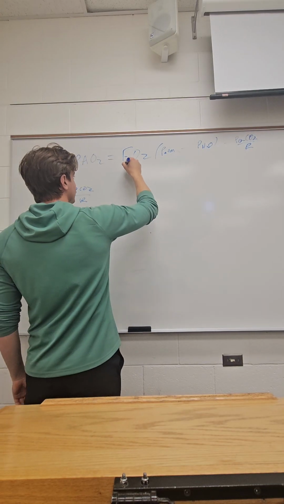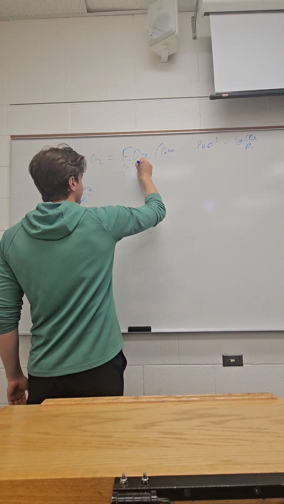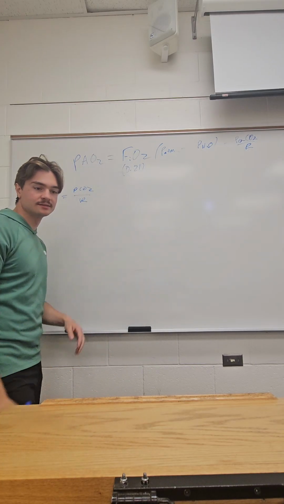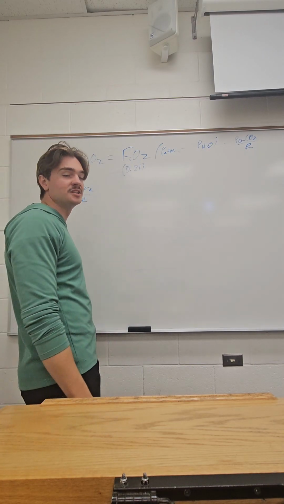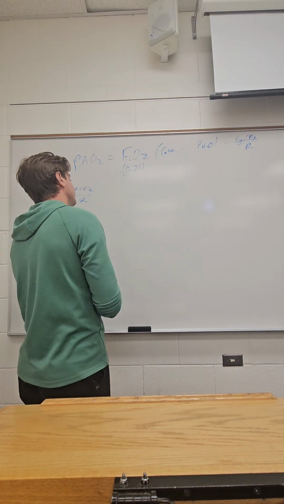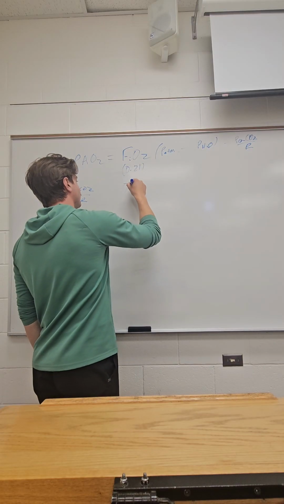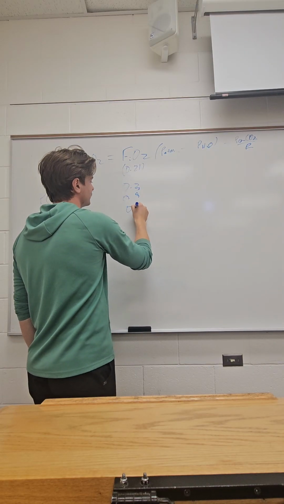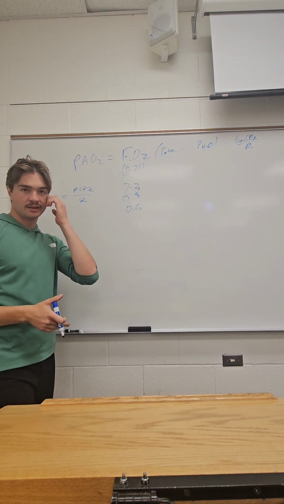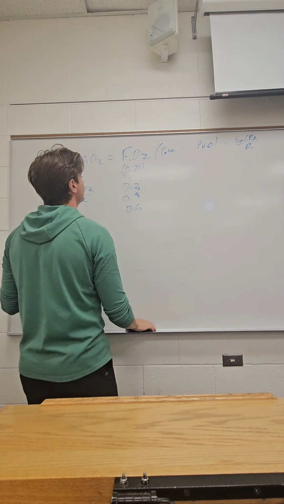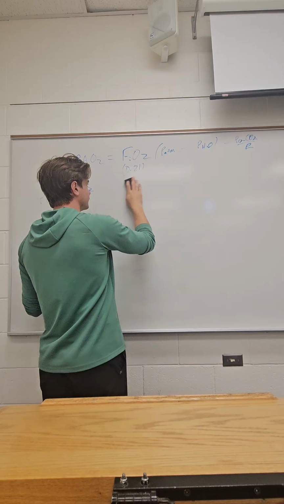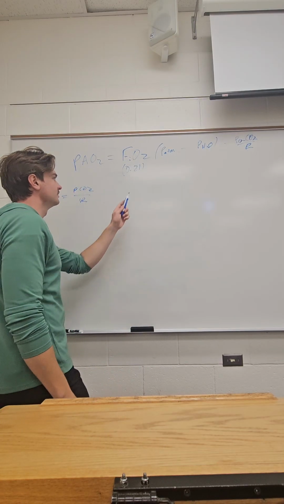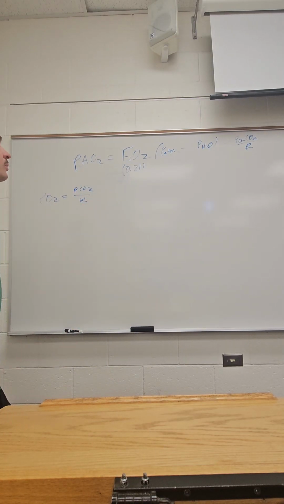So, FiO2, normally it's like 0.21. That stands for 21%. But patients could be on supplemental oxygen, increasing this to 30%, 40%, or even 60%, depending on the mixture that a physician has them on. But for a normal healthy person breathing atmospheric oxygen, it will be 0.21.